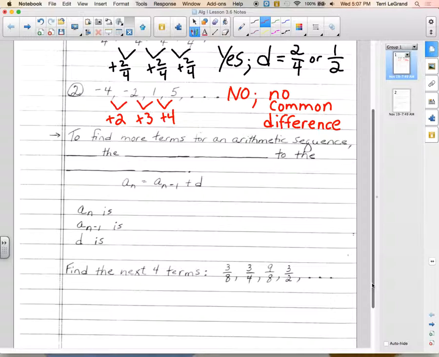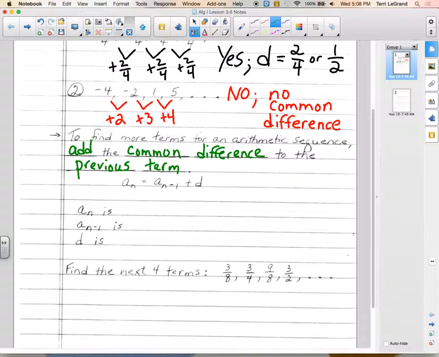When we need to find more terms, we're going to add the common difference to the previous term. So if you want the next term, you look at the previous term and add to it your D value, your common difference, and you will have the next term.